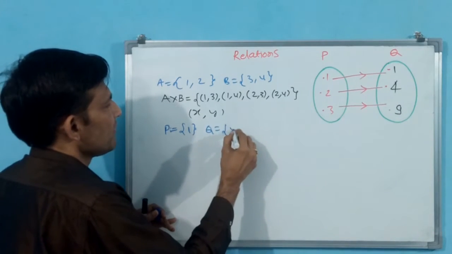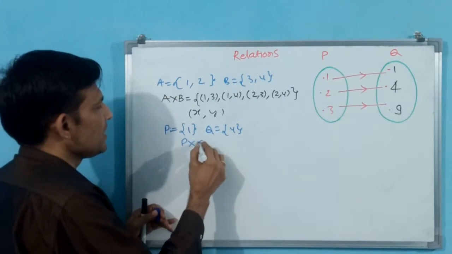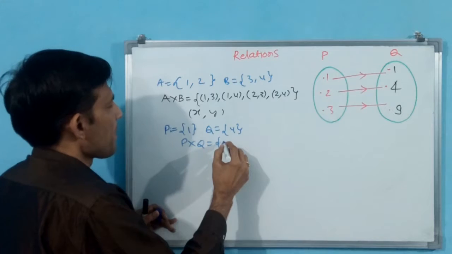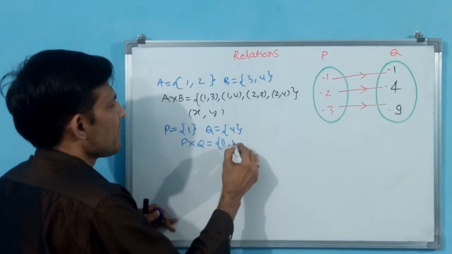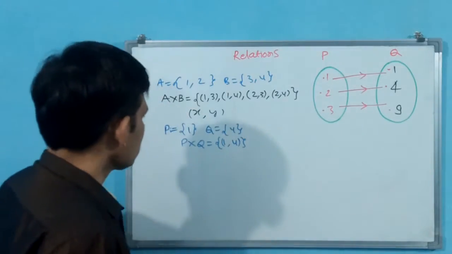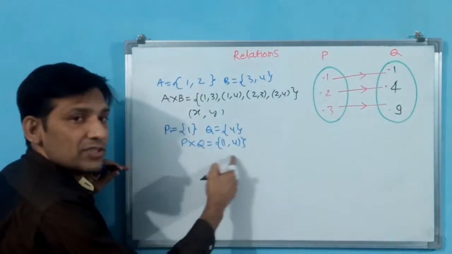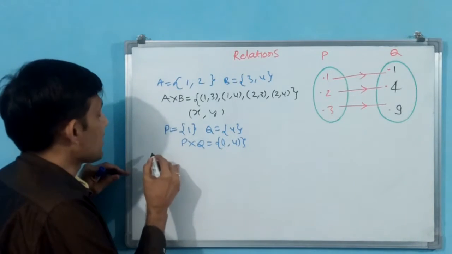Q is equal to {4}. How do we do the Cartesian product? P cross Q is equal to {(1, 4)}. That's all. Only one element will come because there is no chance to make anything else. But this is the Cartesian product; what about subsets?